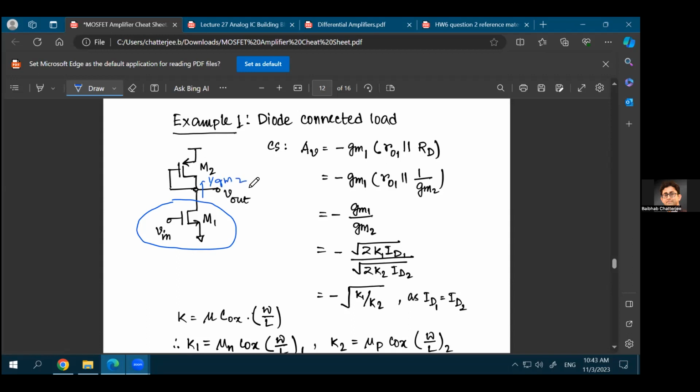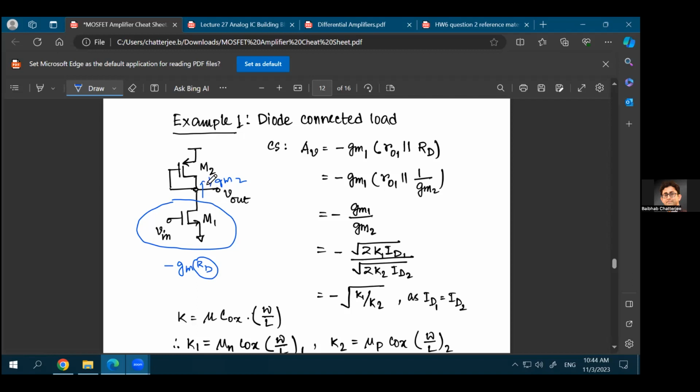Earlier we have shown that the gain of the common source stage is minus Gm times RD, where RD is the resistance connected at the drain of the common source stage. So for this MOSFET, the M1 transistor, if there was a resistance connected at the drain, that would have been RD. Now, in this case, what is RD?